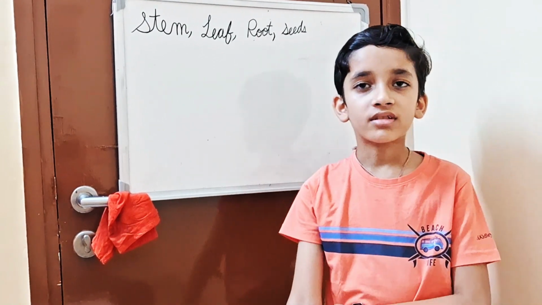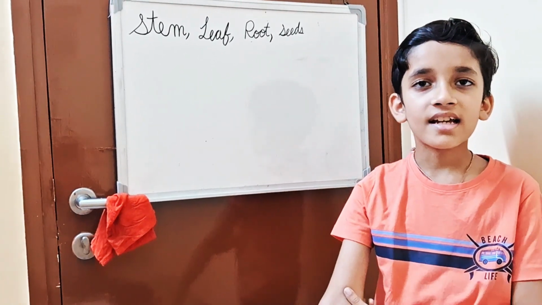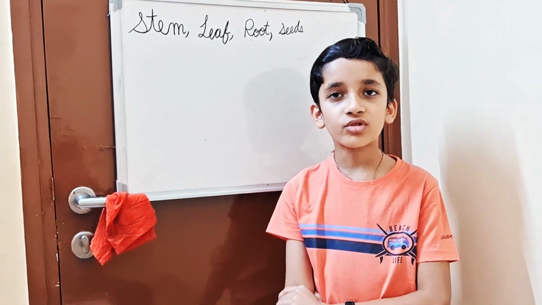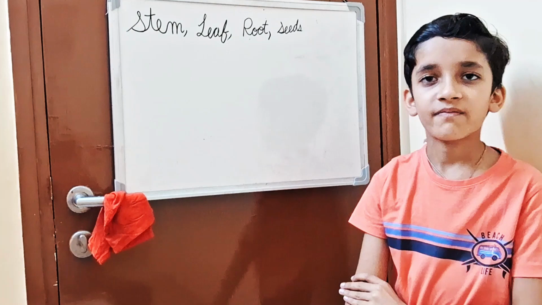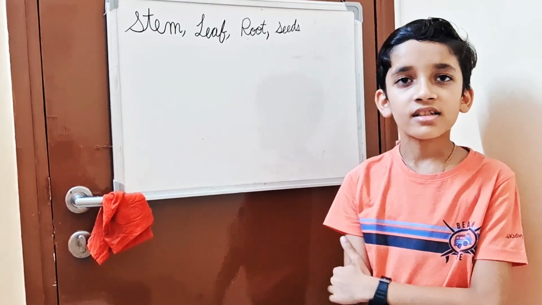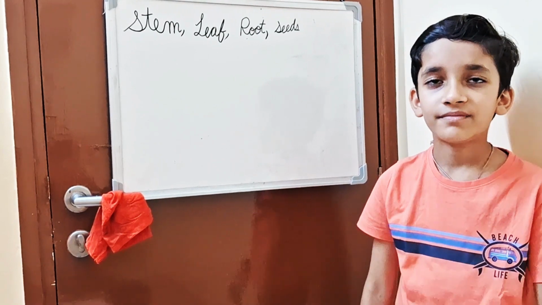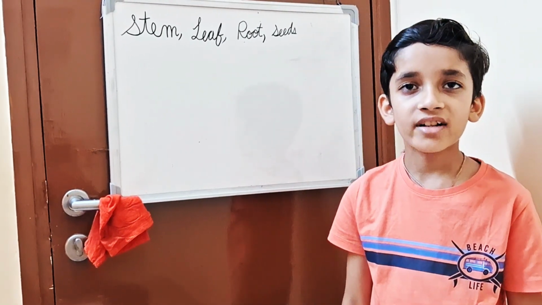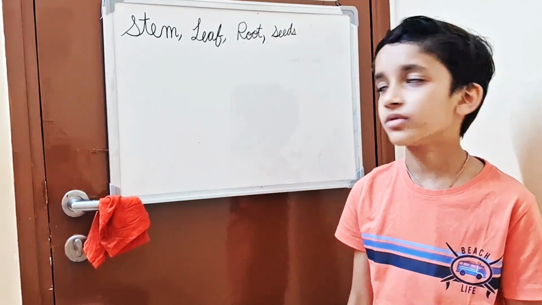Carrot is a root. You can see hair-like structures around the carrot. They are the small roots of the carrot plant. You can put a carrot in soil and a new carrot plant will grow. Many plants like carrots grow from the roots.